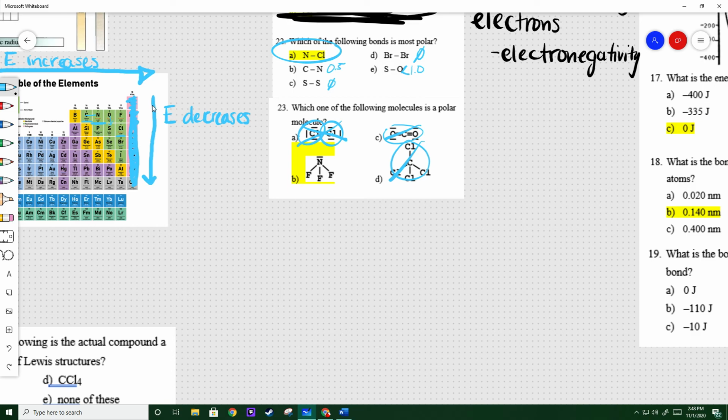Now, with this, we do not have an even distribution of these electrons. The reason is, if I were to draw this out, we have nitrogen, and then it has 2 electrons here, so this is a lone pair. Then we have fluorine, and each fluorine has 6 valence electrons on it, or 3 lone pairs, however you want it.